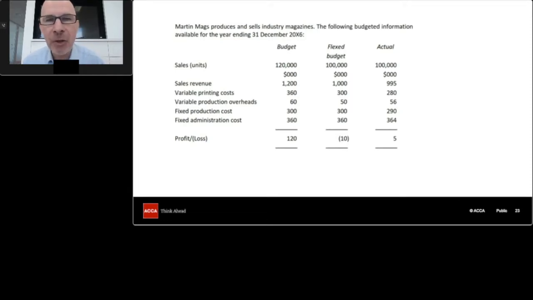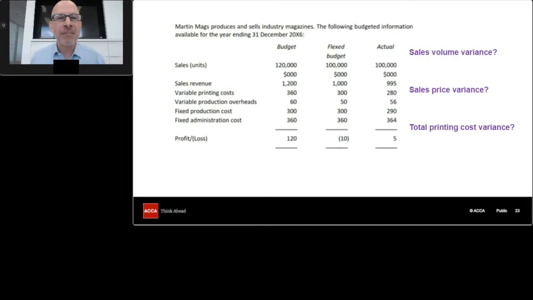Unfortunately, the group chat only holds 500 of you, so if you move quickly, you can get your answer in there. Friends, find for me the sales volume variance, the sales price variance, and the total printing cost variance, okay?